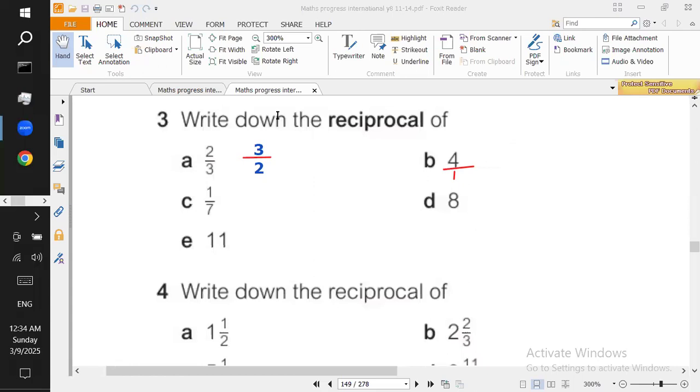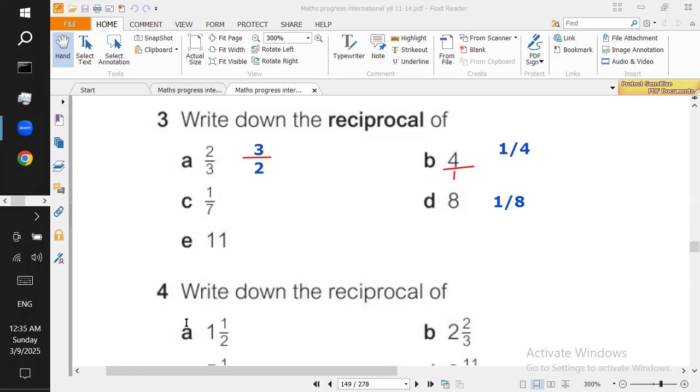When you make it upside down, it's going to be 1 over 4. Same idea with 8 over 1 is going to be 1 over 8. And that's the meaning of reciprocal. This is very important because we're going to use it in dividing fractions. So don't forget the meaning of reciprocal, okay?